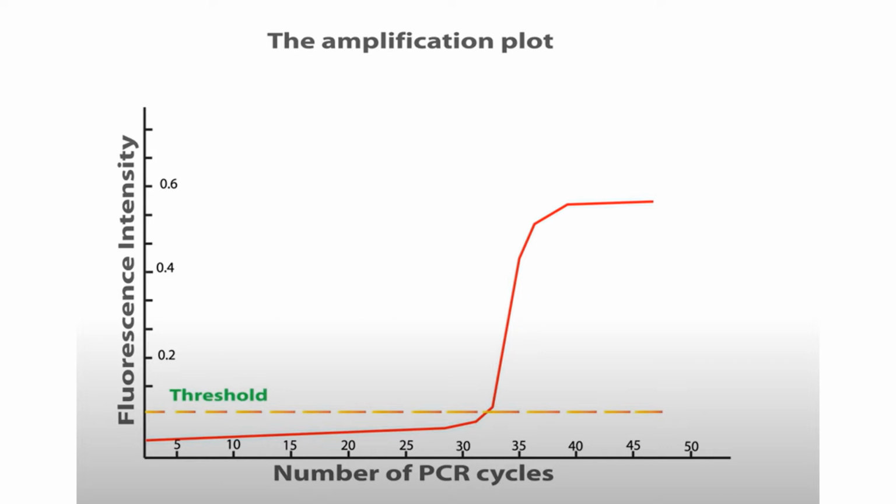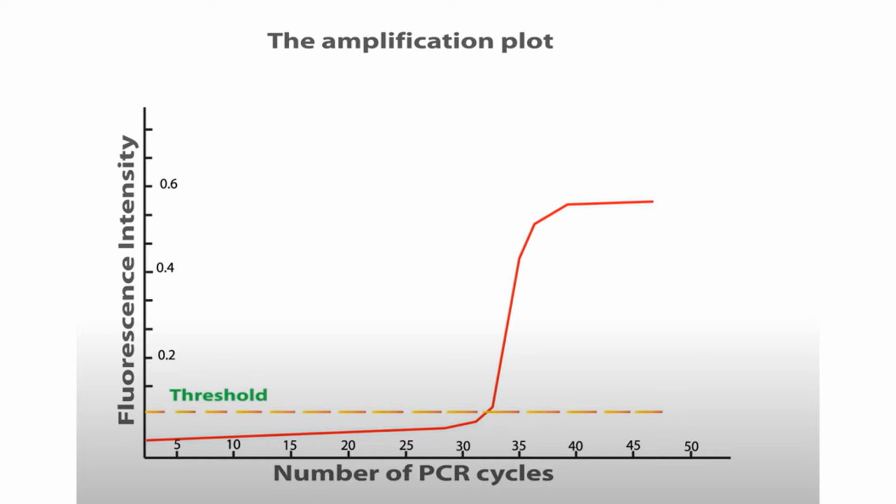I mentioned this earlier but I will reiterate it now. The threshold of the real-time PCR reaction is the level of signal that reflects a statistically significant increase over the calculated baseline signal.